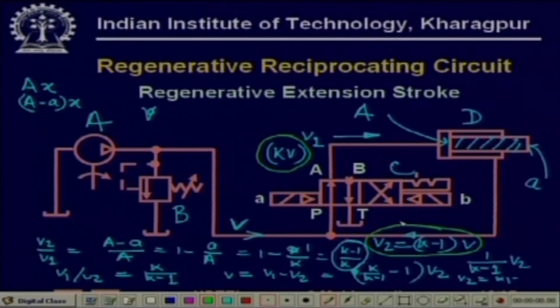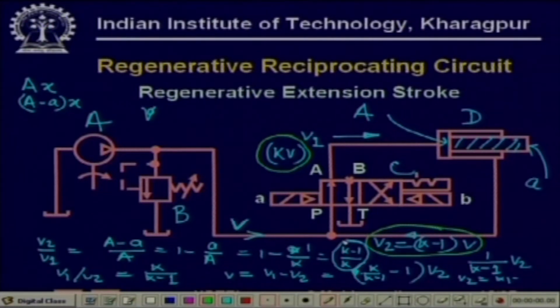Similarly, this is the case during extension stroke. So actually you see that though the flow rate is K into V, typically K is greater than 1, the actual fluid drawn from the pump is small v, right.